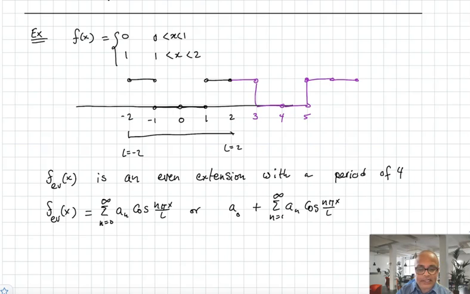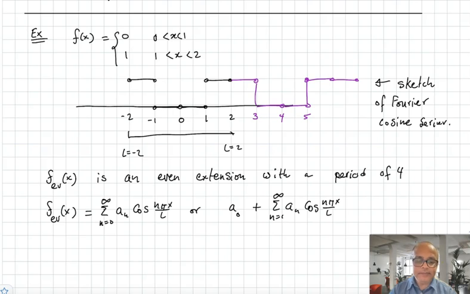So this plot is a sketch of the Fourier cosine series. Let me write it down: Fourier cosine series.